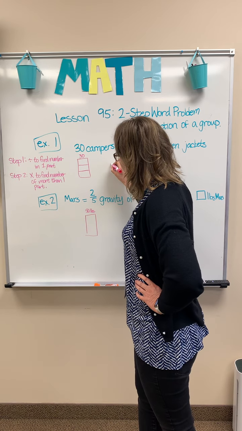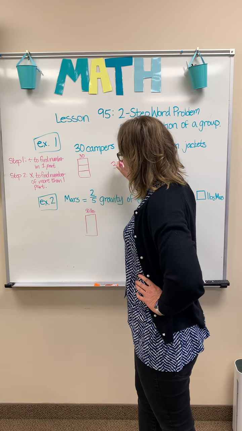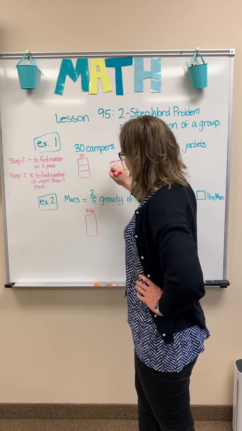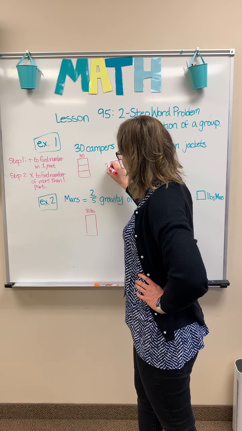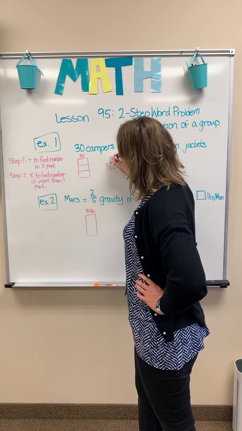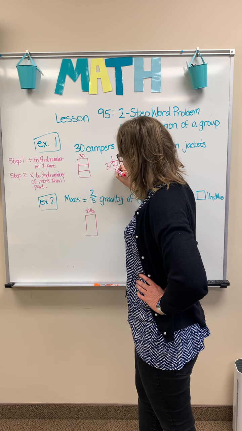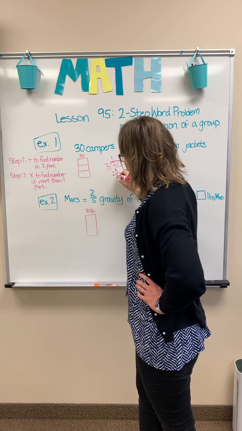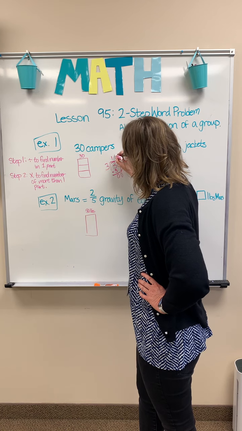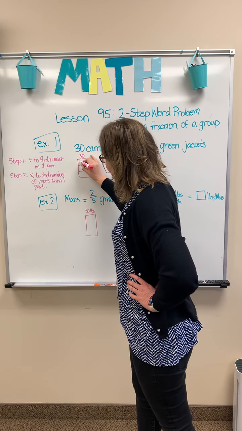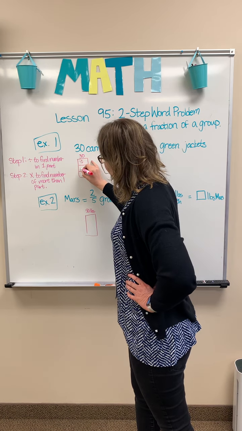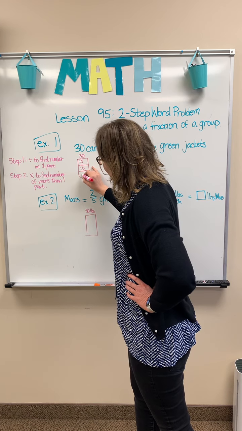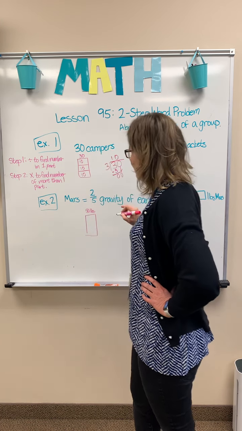I can do this pretty simply by taking my whole group and dividing it into 3 parts. I know that 3 times 1 is 3, subtract, pull down our 0, so each part is 10 campers, 10 campers, 10 campers.